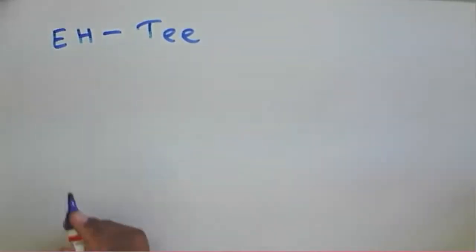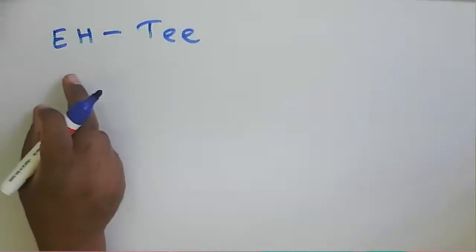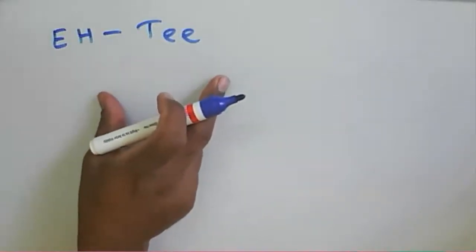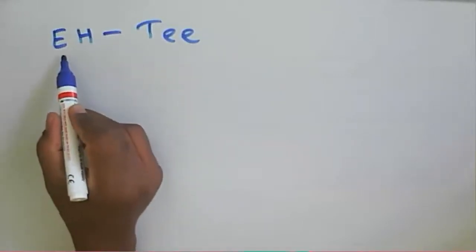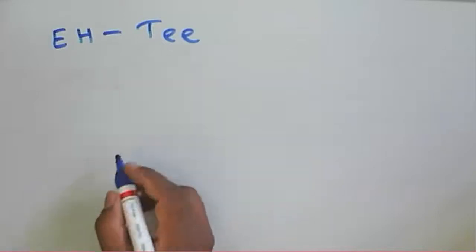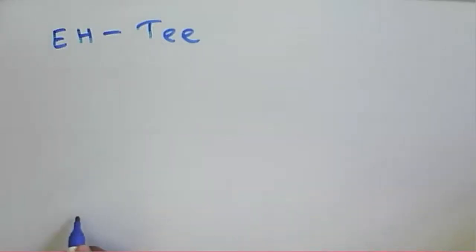Why is it said to be a magic T? I'll just draw here the diagram of this EHT component. It has the E arm as well as the H arm. That's why it is called EHT. It has both the E arm as well as the H arm, so that's why it is called the EHT here.